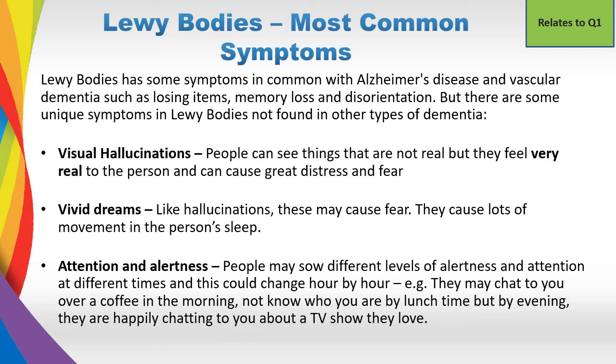So the change of alertness can massively differ throughout the day. These are the more common symptoms in Lewy bodies. Although in Alzheimer's and vascular dementia some of the symptoms may cross over, like memory loss, losing items, disorientation, it's visual hallucinations, vivid dreams and attention and alertness that are the most common different symptoms for a person with Lewy bodies.